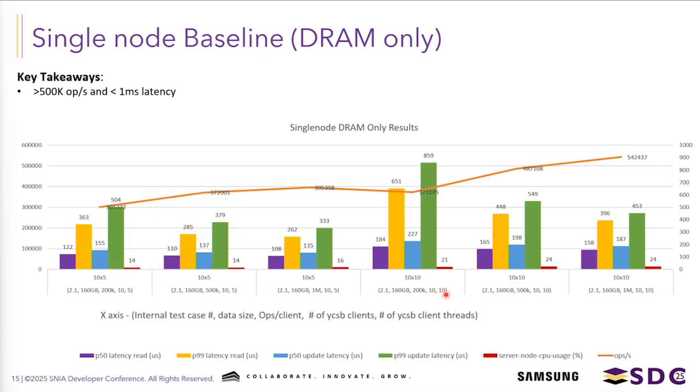The other 3 sets of bars are when we have raised our concurrency from 50 to 100. And within each concurrency, we are varying the operations per client. So this is 200K ops per client, this is 500K, and this is 1 million.